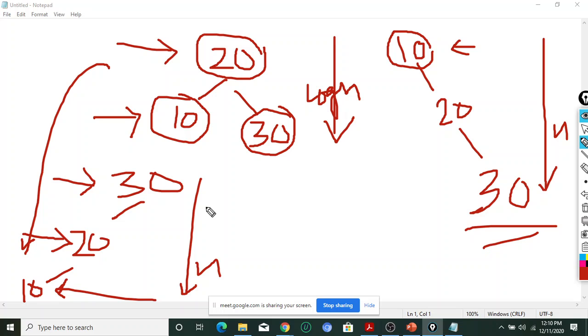If I want to perform the searching operation, to find a particular element, the number of comparisons will be different based on the tree structure. We have seen that here it is two comparisons, but in this picture it is three comparisons. So the searching time is different.